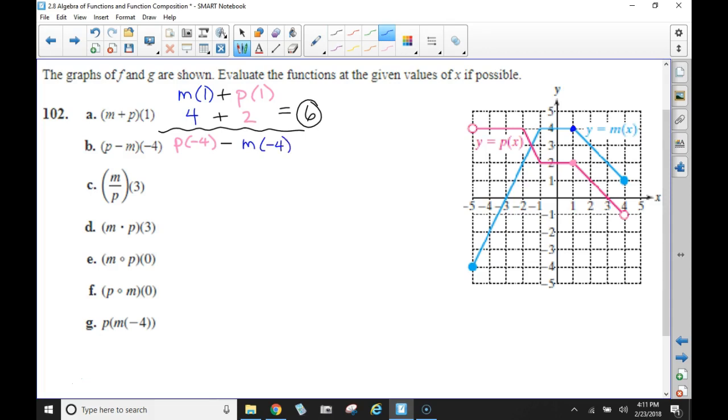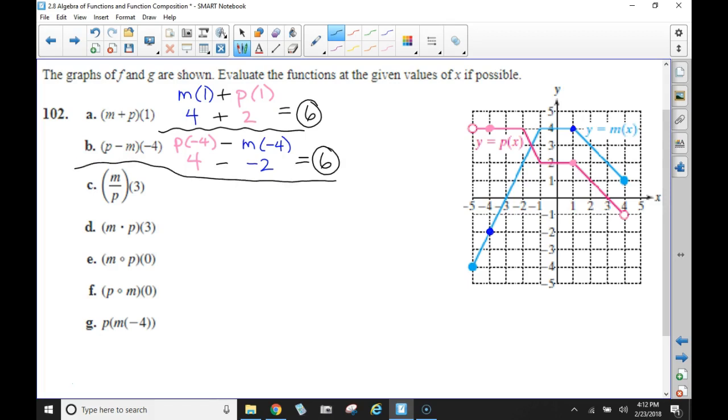P evaluated at -4: when x is -4, our P function is up there at 4, minus M evaluated at -4, which is right here. M evaluated at -4 is -2. And so our answer is 4 plus 2. This one also comes out to be 6.